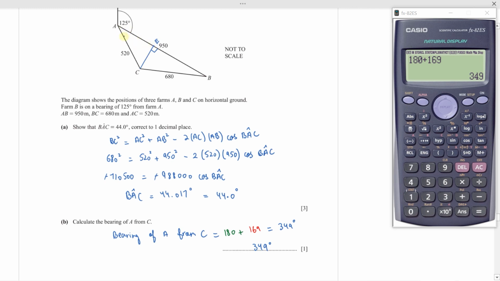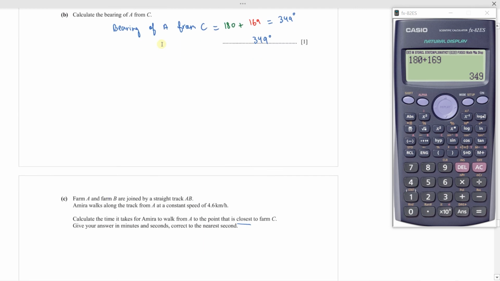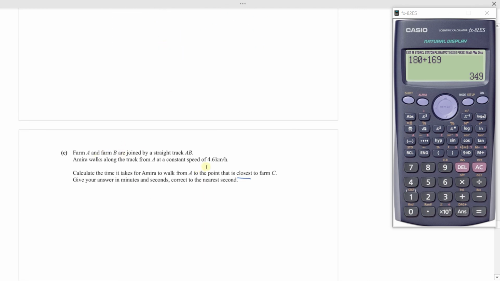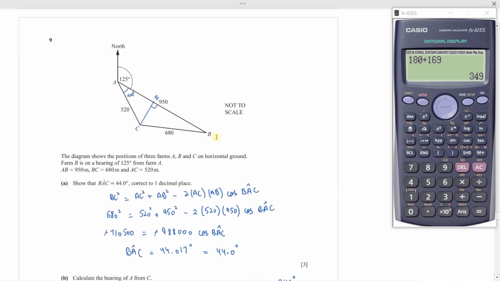So we know that this angle here is 44 degrees. If I can calculate the distance AE, I can easily find the time taken because I'm given the speed at which Amira is traveling. So she's traveling at 4.6 kilometers per hour, right? So if I know the distance, I can easily calculate the time.